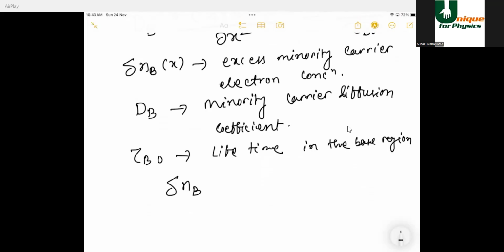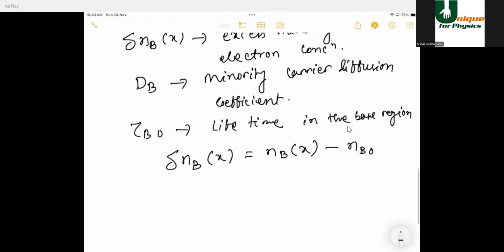Okay, let us now do the maths. Delta NB for any x is given as NBx, the non-equilibrium concentration of the minority carrier, minus the equilibrium value NB0, right?